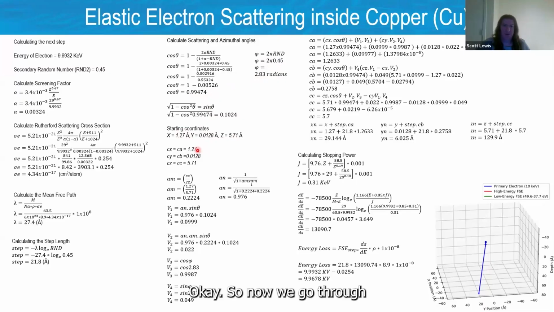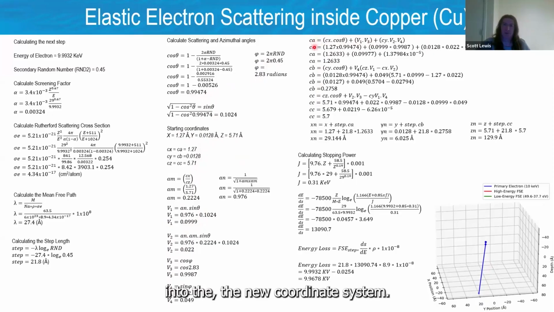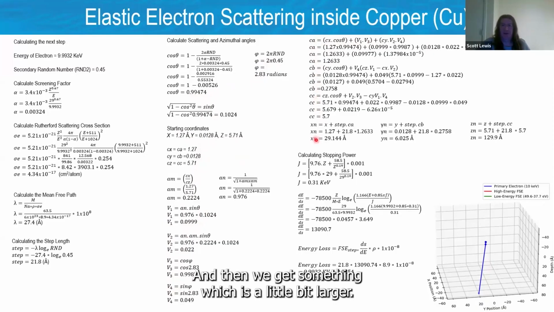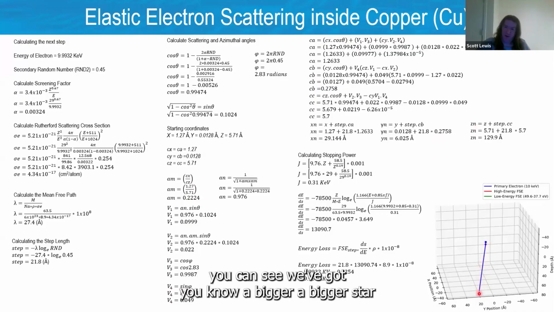Okay, so now we go through V1, V2, V3. So you can see these are very different. And then we need to plug these numbers into the new coordinate system. And then we get something which is a little bit larger. Okay, so now you can see in the graph, we've got a bigger step, like so.